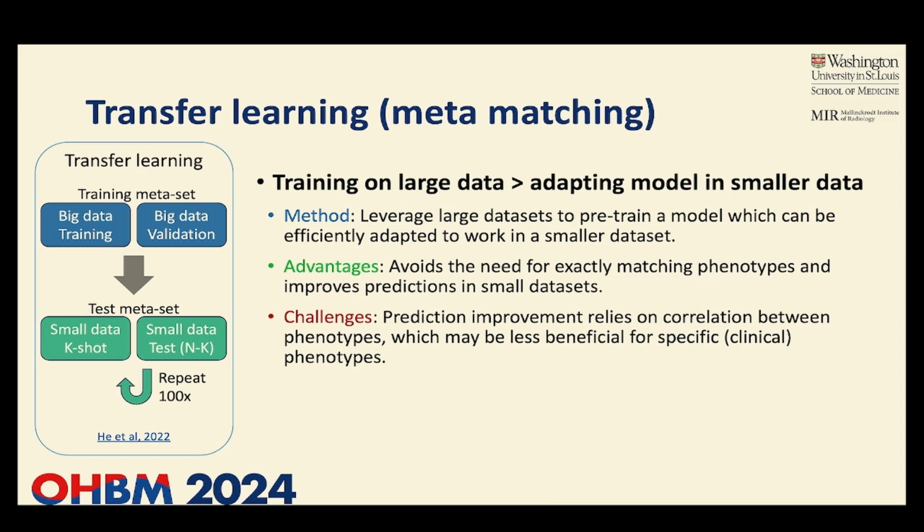So this avoids the need for harmonization potentially because you're retraining the model anyway, and in his case it even avoids the need for exactly the same phenotypes because it uses the idea that phenotypes are correlated to tweak a model and get better predictions, especially in smaller data sets.